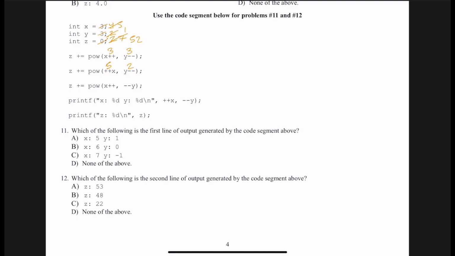Now we have x plus plus, it's a postfix, so we care about what x is now. Minus minus y is prefix, so let's make the change first, then use the new value. 5 to the 0 is going to be 1, so now z is 53. As a side effect, we increase x to be 6.